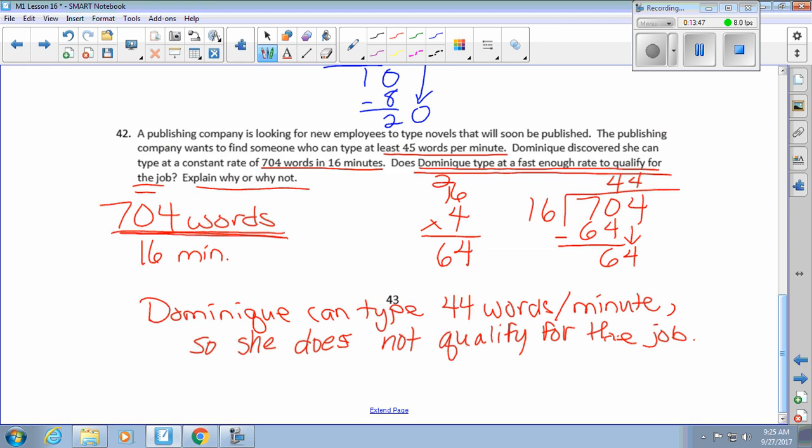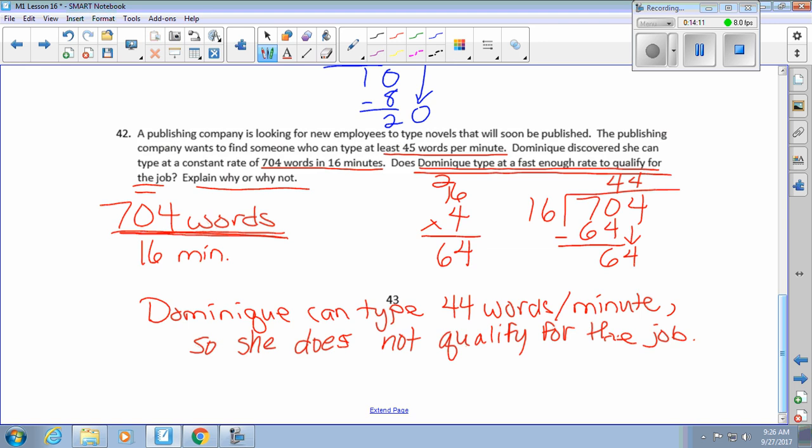So for 16 minutes it would be, X amount of words. So let's do that. So we have 16 times 45. So in 16 minutes she should be able to type 720 words. She can only type 704, right? That'd be another way of saying, yep, she's not going to cut it.